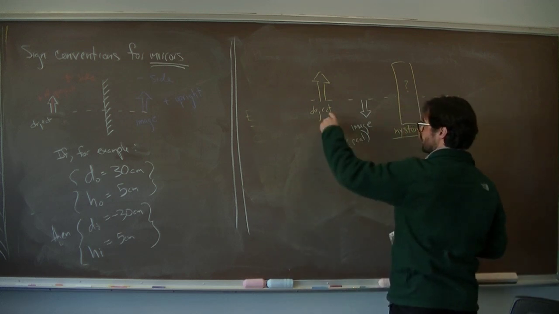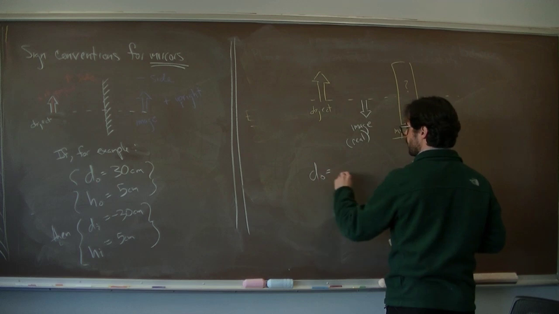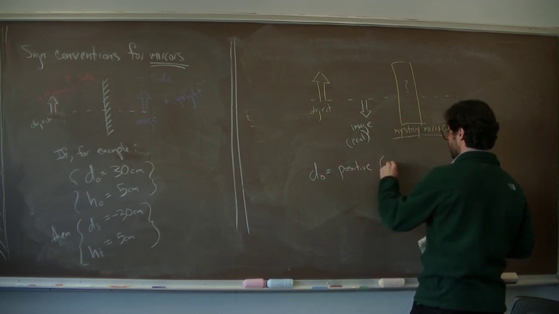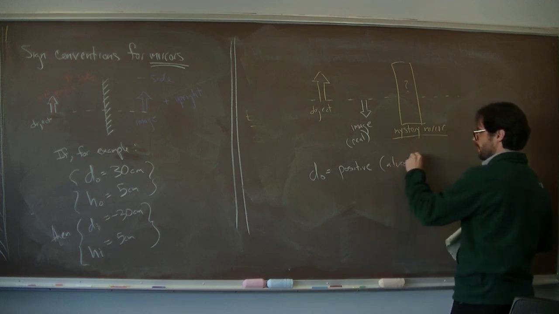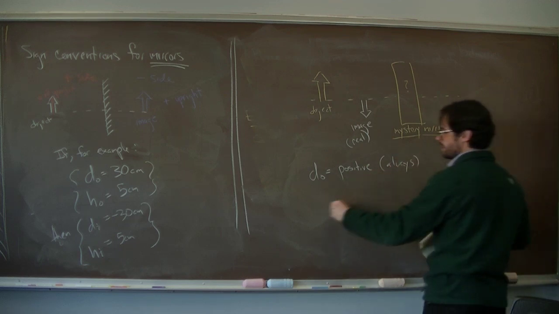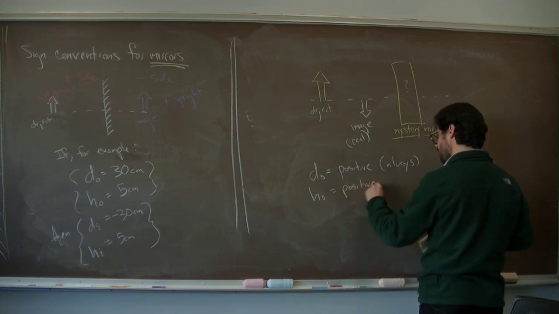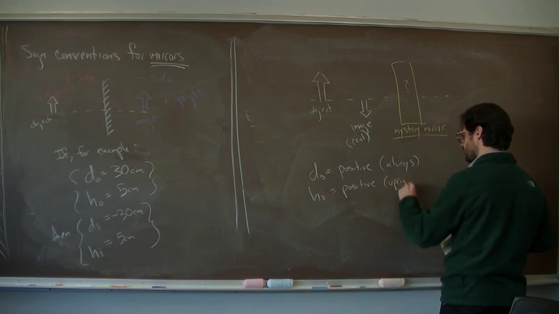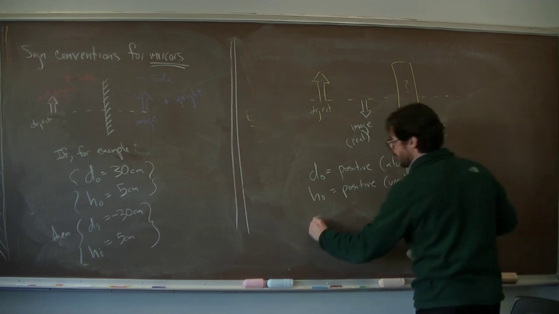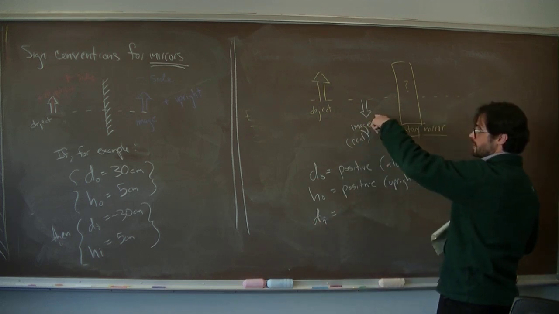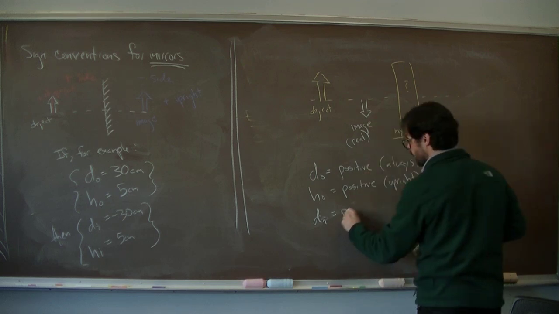So here, d naught is positive. This is actually always true. In fact, d naught defines positive. H naught is positive because it's upright. But now di, because it's on the same side as this, is also positive.